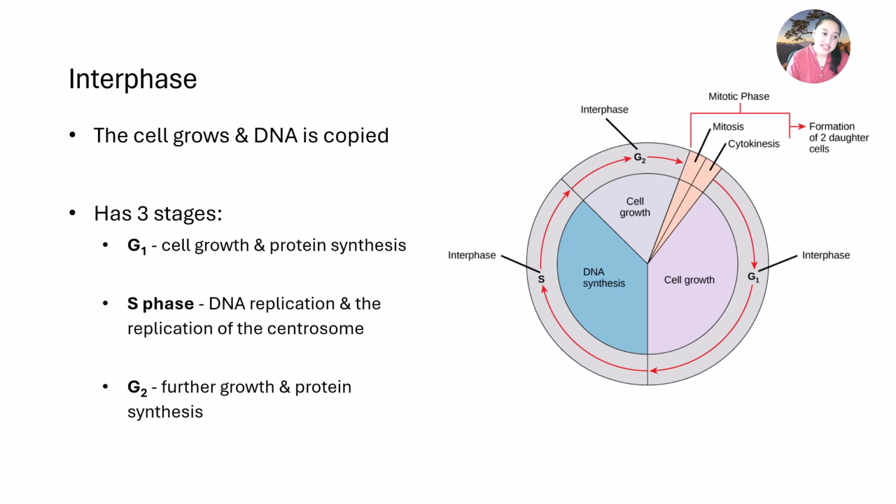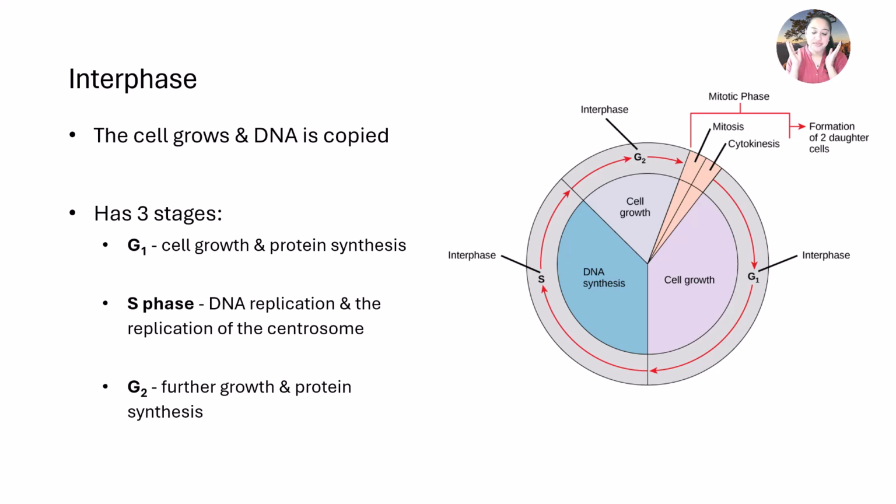The S phase, S stands for synthesis. So the S phase is when you're making DNA. You're copying the DNA that already exists. Each chromosome you're making a copy of. And that phase is pretty important because you really want to make sure you get the DNA correct, because that is going to go into a new cell.